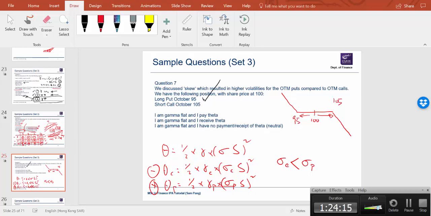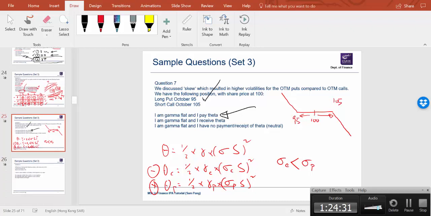Another way to say this is your put options are losing money faster than your call options. And another way to say that is you are actually paying time decay. So the correct answer is the first one: you pay theta.